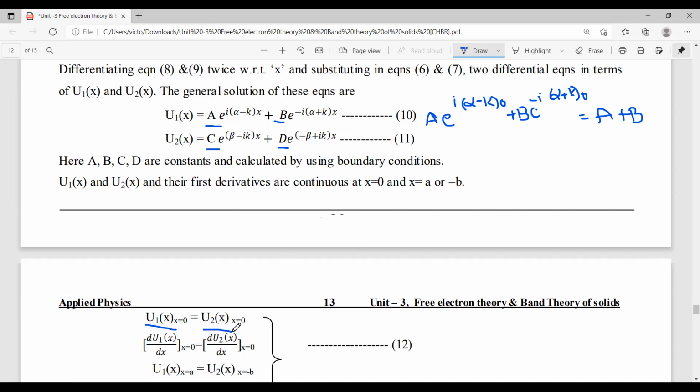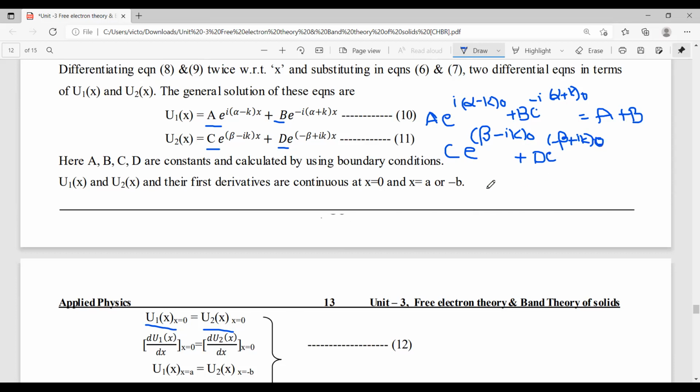Now again calculate u2 of x at x equal to 0. That is, c e power beta minus ik into 0, as x is equal to 0, plus d e to the power of minus beta plus ik into 0.